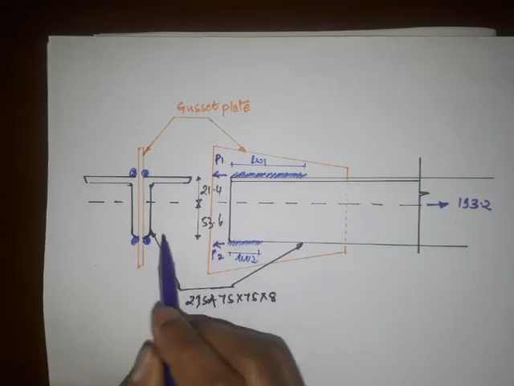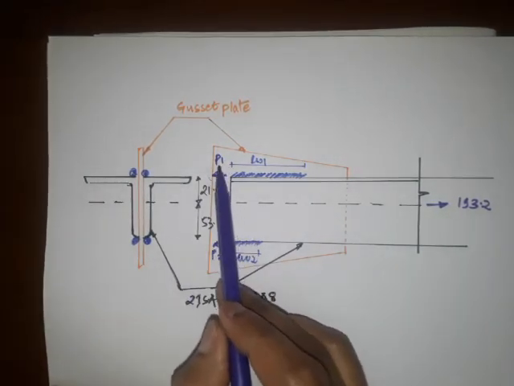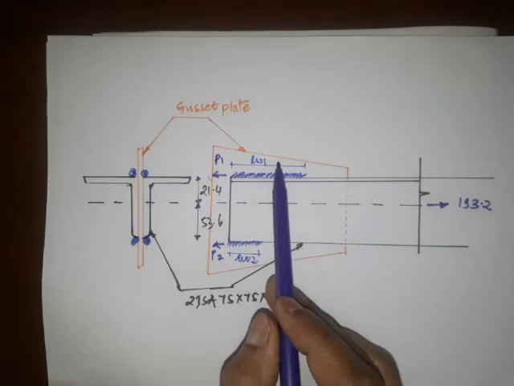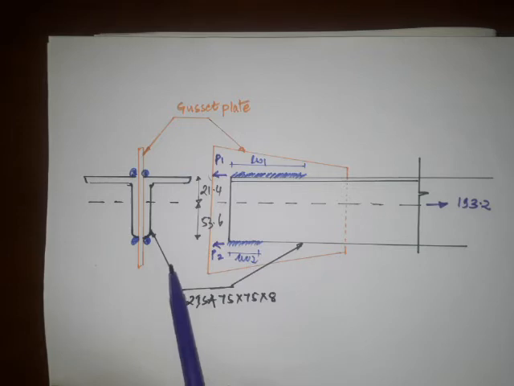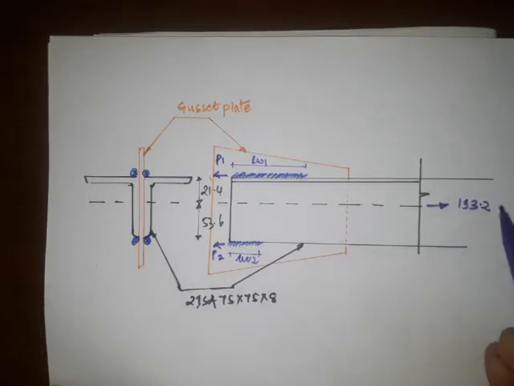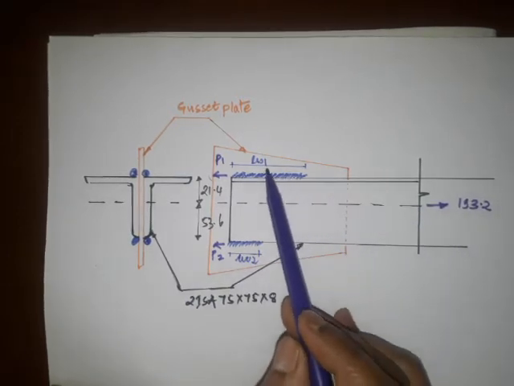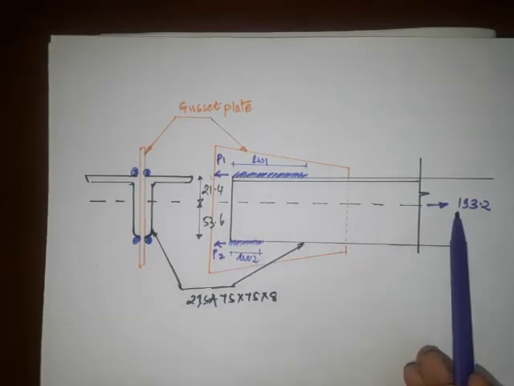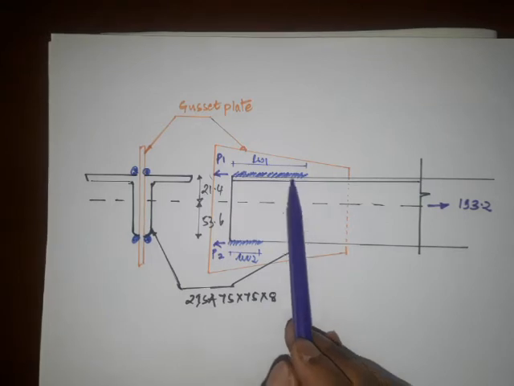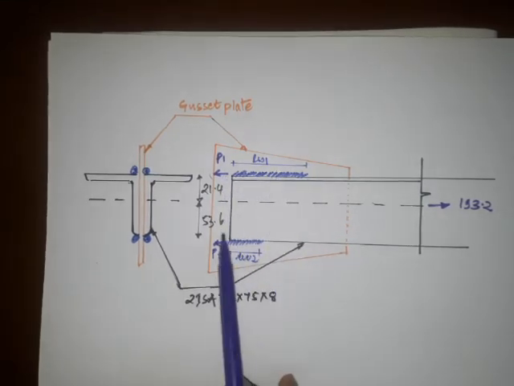What does it mean? P1 is the force offered by LW1 and P2 is the force offered by LW2. Whatever the force applied over the member will be resisted by the lengths LW1 and LW2.